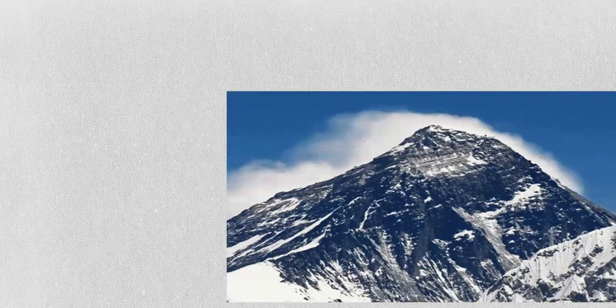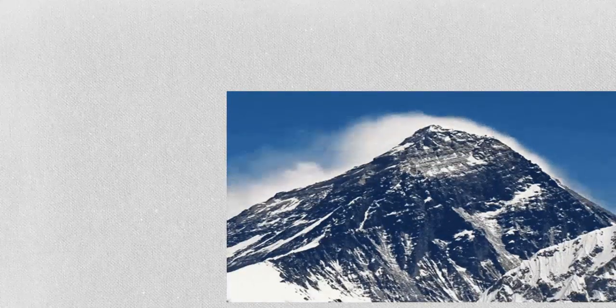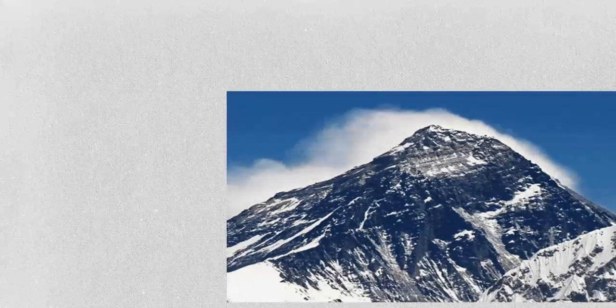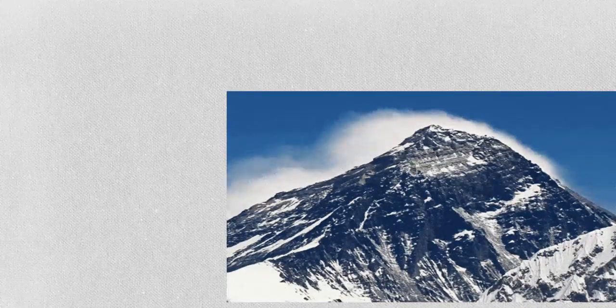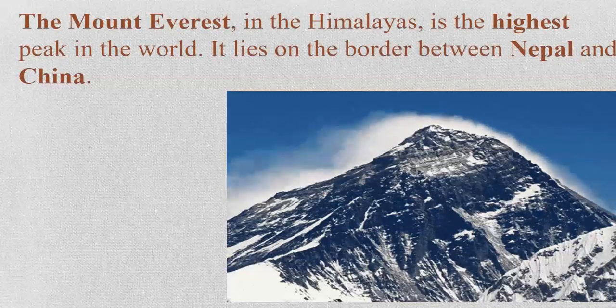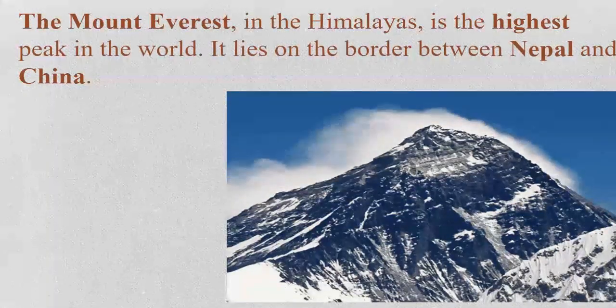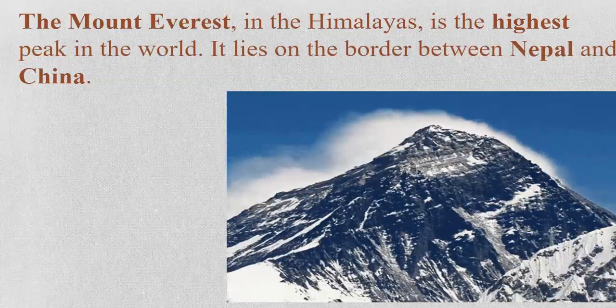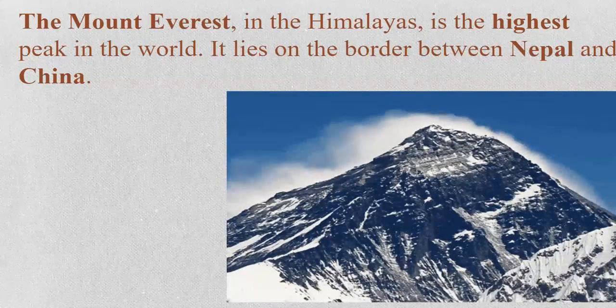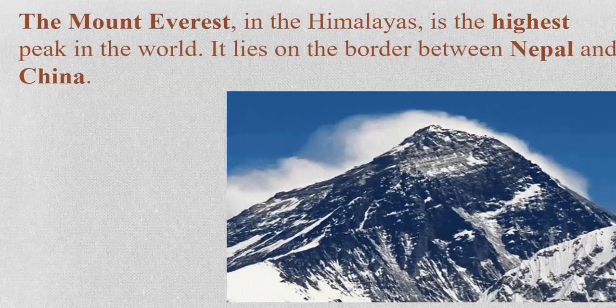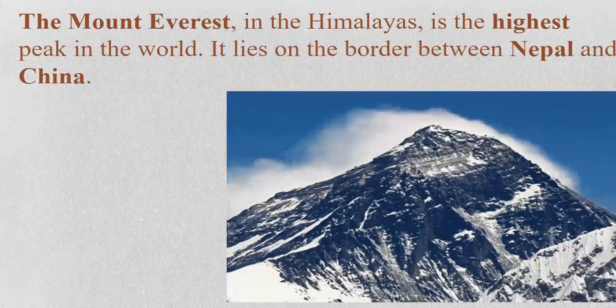Wow! Can you see the image? This is the image of a mountain. So can you all guess which one is this? No, it's not the Himalayan range. It's the Mount Everest. The Mount Everest in the Himalayas is the highest peak in the world. It lies on the border between Nepal and China. What did I say?